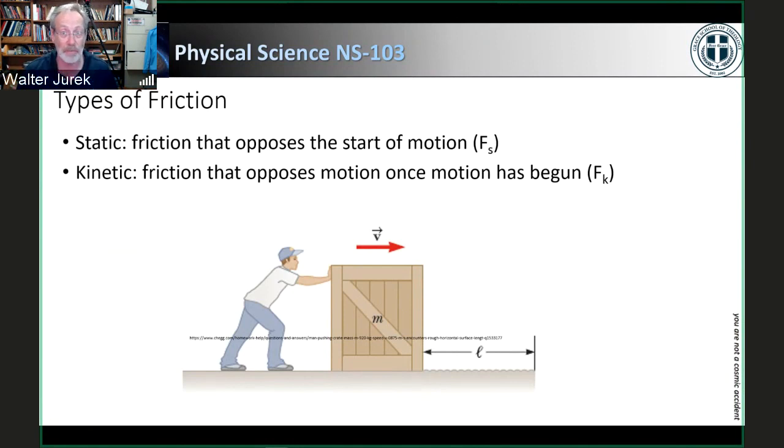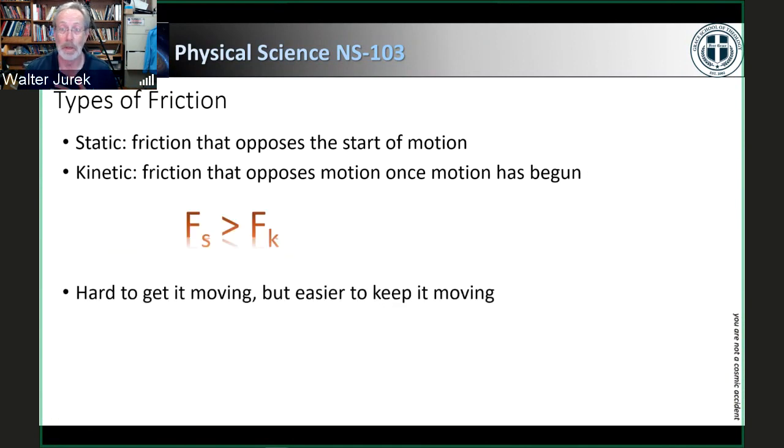And then kinetic refers to motion. Kinetic friction is the friction that it experiences once it is moving. And so this little symbol here in the middle, Fs, friction with the little subscript s, would be static friction, and it is always greater than kinetic friction. That's why it's harder to get it moving than it is to keep it moving. Okay?